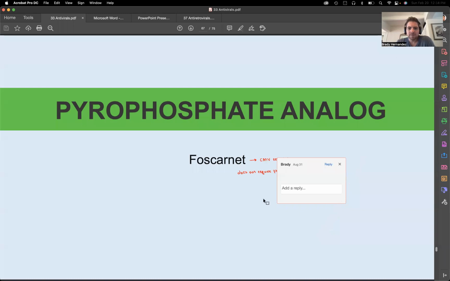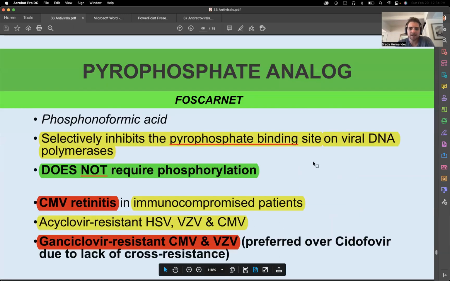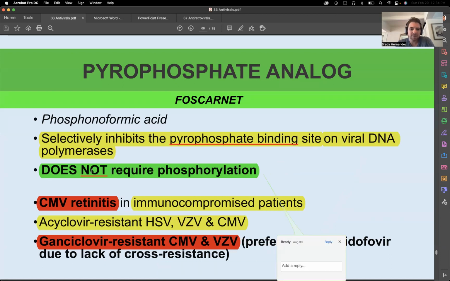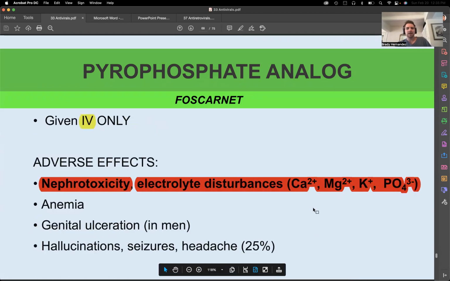Okay, and then foscarnet comes up. It's very specific in that it doesn't require that host cell kinase. It doesn't require phosphorylation, so it can be used for CMV retinitis, but just keep in mind, that's one of the defining characteristics of it because the other ones need to be phosphorylated to be activated. Foscarnet does not. Nephrotoxicity again, as with the other stuff.